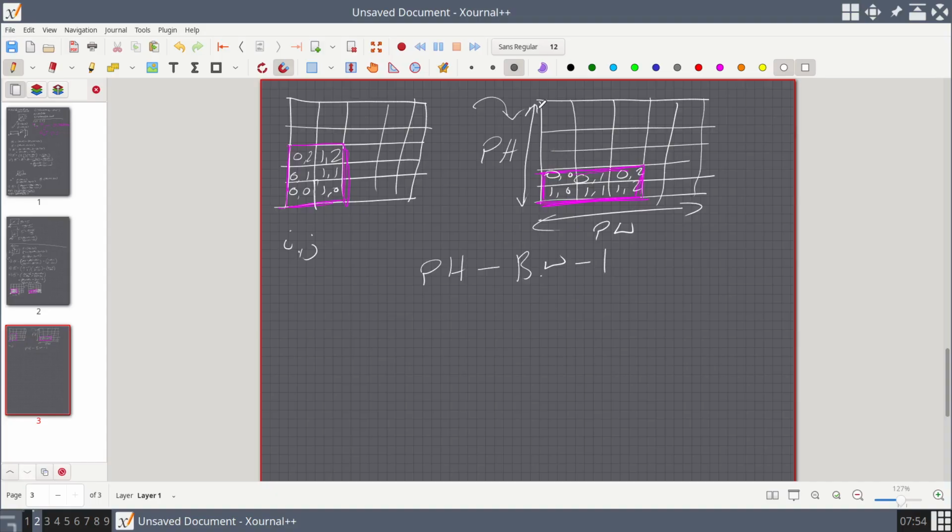Is that right? This thing's width is 2. You have 5, but really it's 4 because we're doing 0 indexed. Is that how you get it?